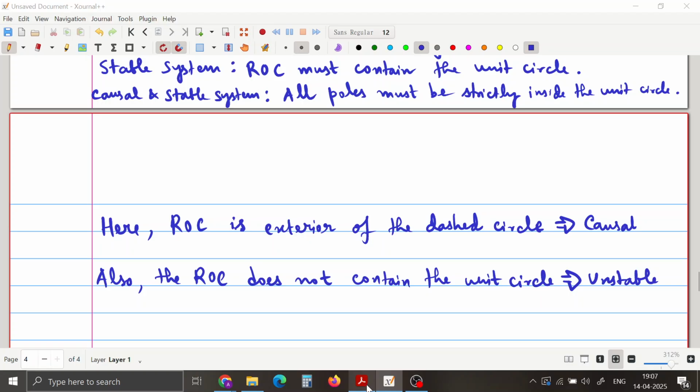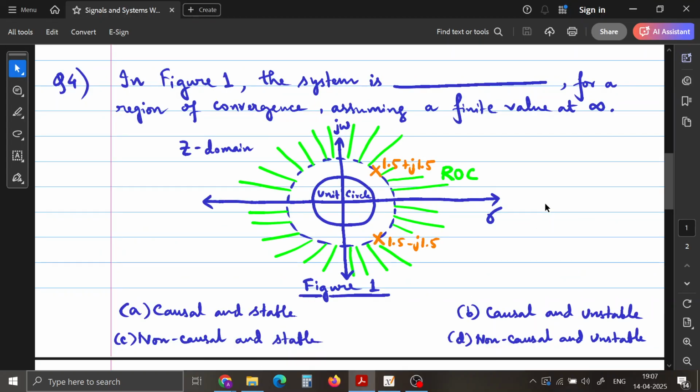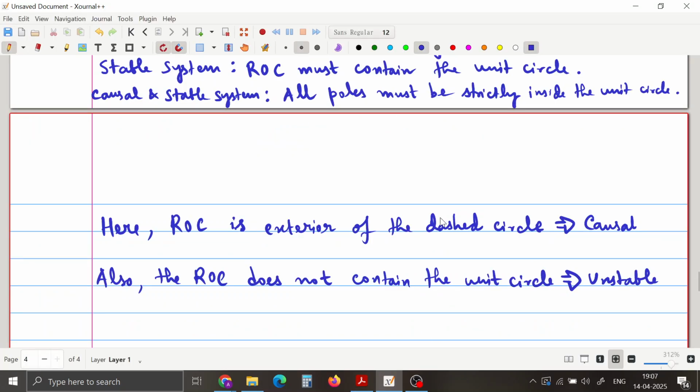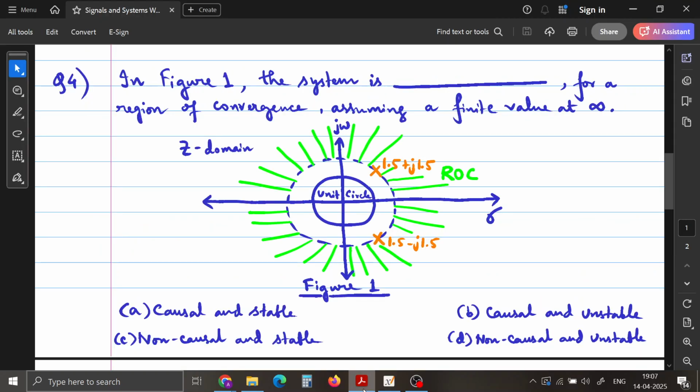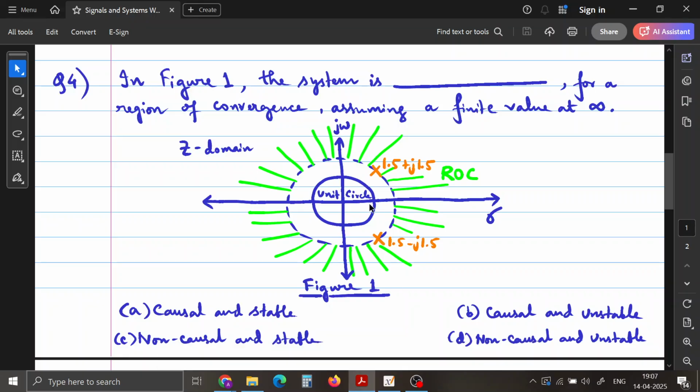This is the right combination. There is also another case which is marginally stable, but that is not true here because the poles are strictly outside the unit circle, as you can see.